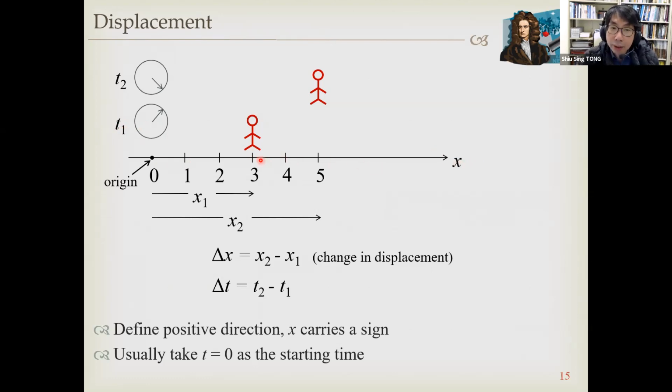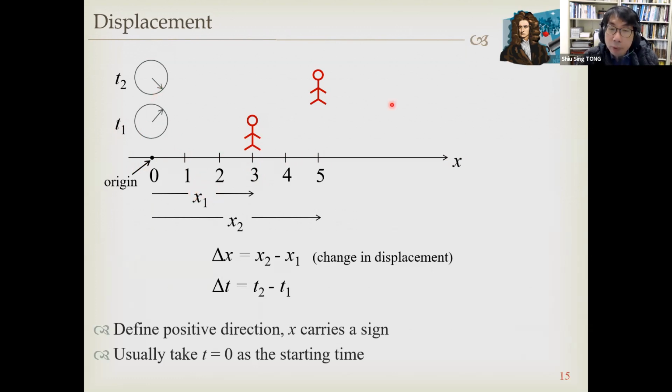At time t1, the person is at position 3, which I denote by x1. I measure this distance of the person from the origin, and this is the value x1 I got.